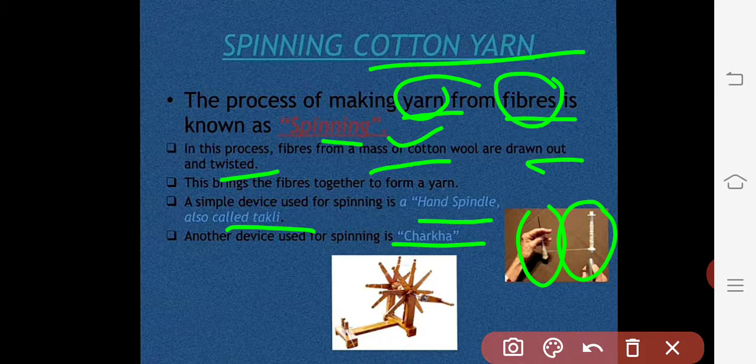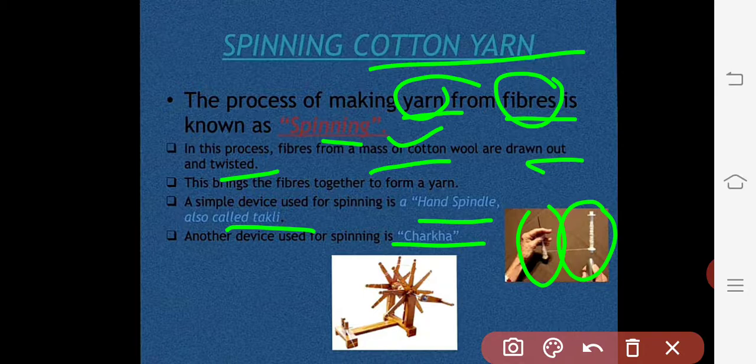The use of the charkha was popularized by Mahatma Gandhi as part of the independence movement, and he encouraged people to wear clothes made of homespun yarn, termed khadi, and to shun imported clothes made in the mills of Britain. To popularize and promote khadi, the Government of India constituted a body called the Khadi and Village Industries Commission in 1956.